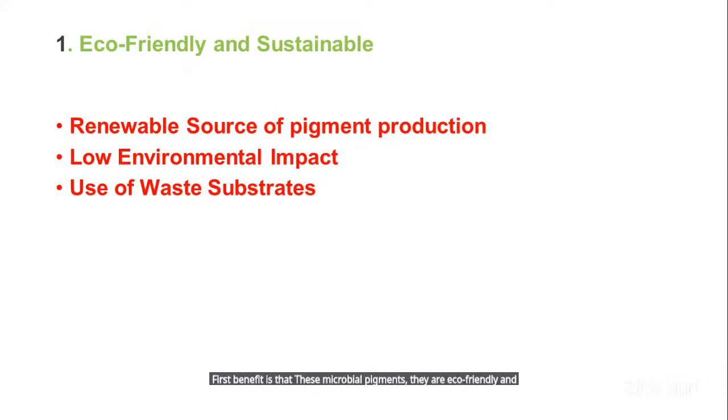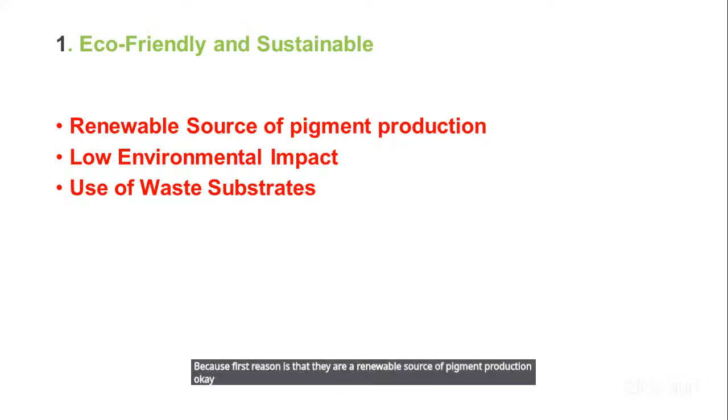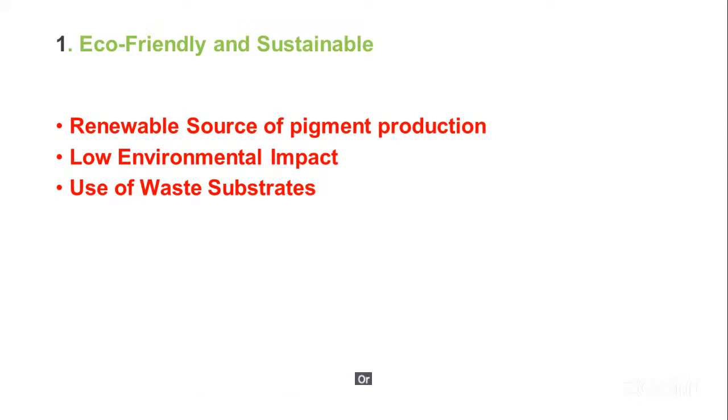Why do we call them that? The first reason is that they are a renewable source of pigment production. Microorganisms can be cultivated rapidly and in large quantities using fermentation, which makes microbial pigments a sustainable alternative to plant or animal derived pigments. So this is the first reason.